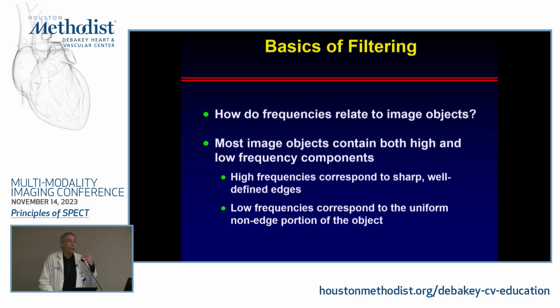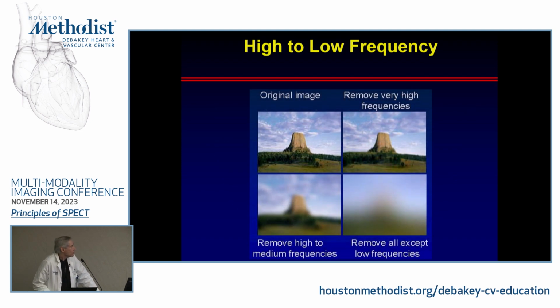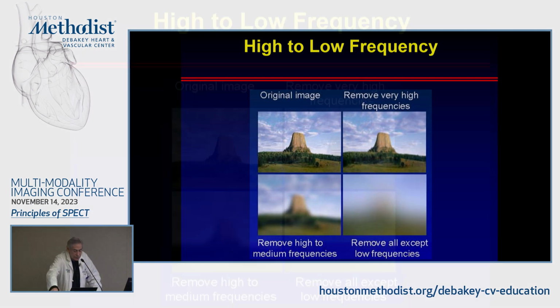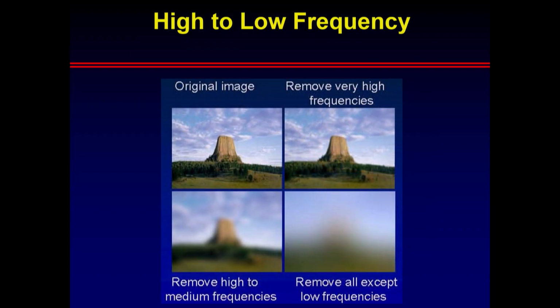So you want to have enough high frequencies to make a good image, but you want enough low frequencies to keep a baseline image there that you can look at. So let's just look at this. This is just a picture. This is an original image here. Now we're going to start removing the high frequencies.